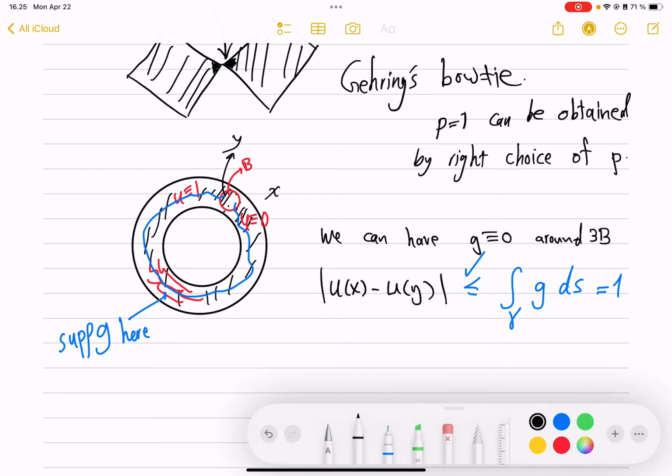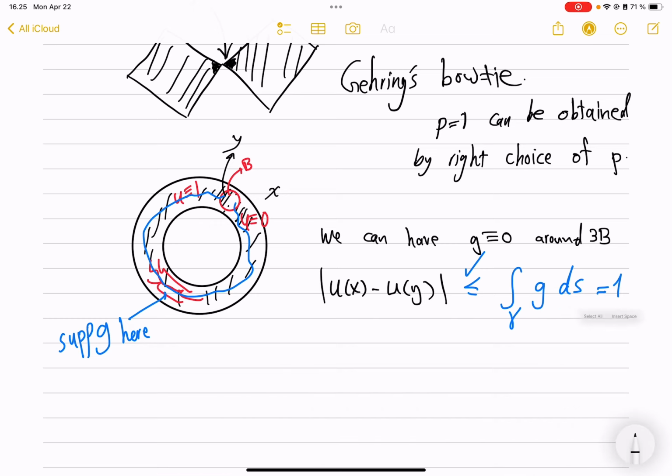But on 3B, g is 0. And therefore, again, the integral of g^p, to the 1 over p, can be made 0 on that 3B or even 4B. Whatever lambda you fix, you can take a much smaller ball and then make it 0. So we're saying that for every lambda, there exists some ball with these properties such that the upper gradient is 0 on that ball.